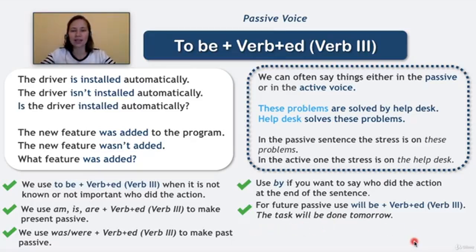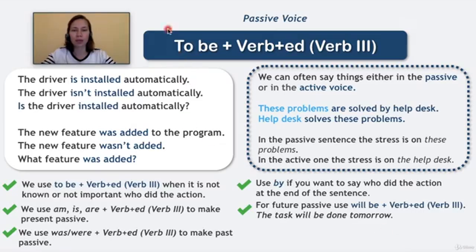So once again, you can use passive voice when you want to speak about the action and you don't know, or it is not important, who did this action. Maybe you don't have the person who does the action in the sentence. This is when you use the passive voice. Mostly it is used in present simple and past simple.